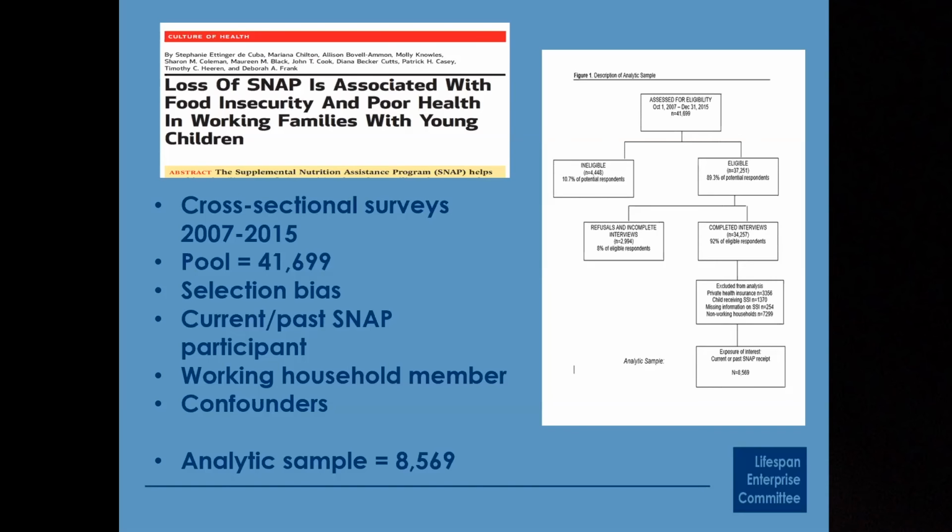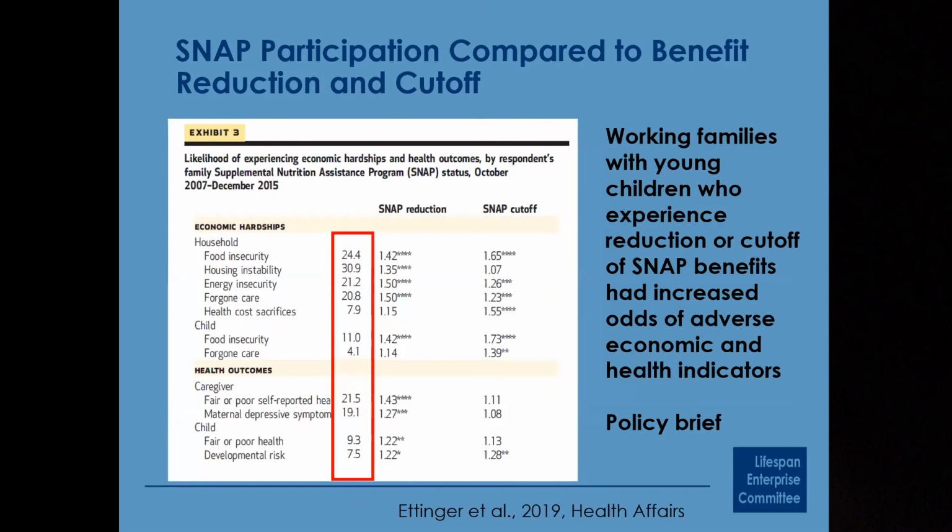And what we found is that the loss of SNAP, well, we'll see what we found. What this shows in the red box represents percentages. So in our sample, we still have a quarter who are food insecure and 30% whose housing is unstable. This is a very, very high risk sample. So we're asking in this sample if they have had reductions in SNAP or cutoff of SNAP.